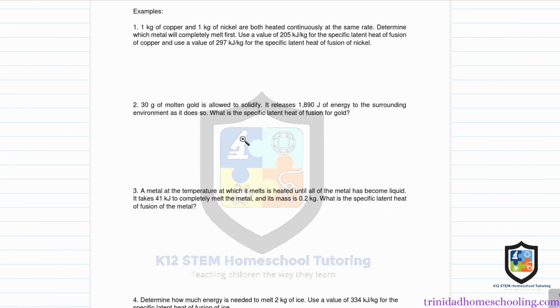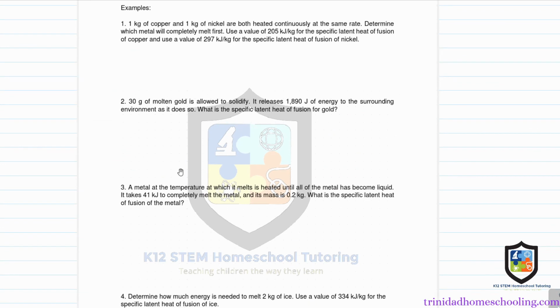So on page 8 we have some questions here. Let's look at example 1. 1 kilogram of copper and 1 kilogram of nickel. So 1 kilogram here is the mass of these substances, right? They are both heated continuously at the same rate. Determine which metal will completely melt first.